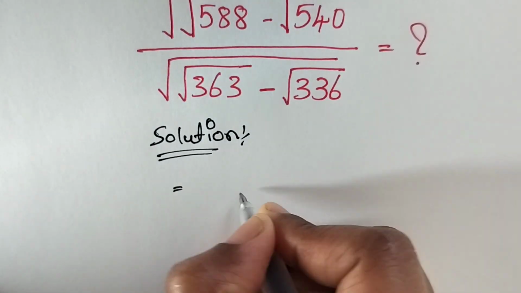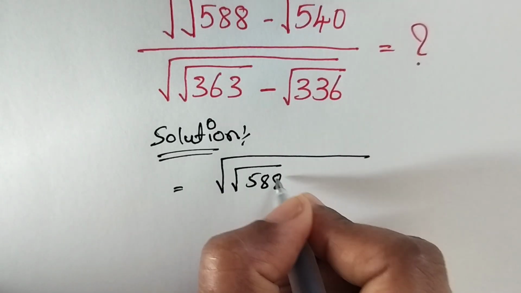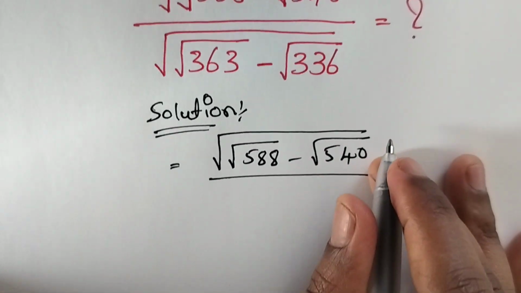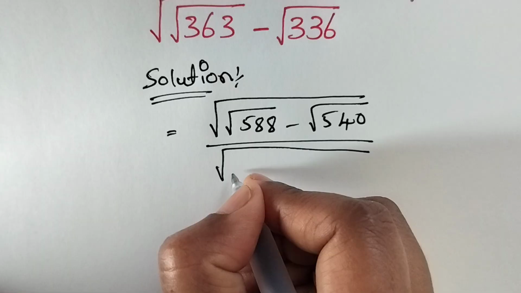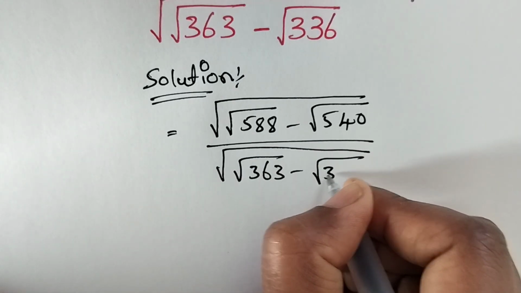So here we are given the square root of 588 minus the square root of 540, divided by the square root of 363 minus the square root of 336.